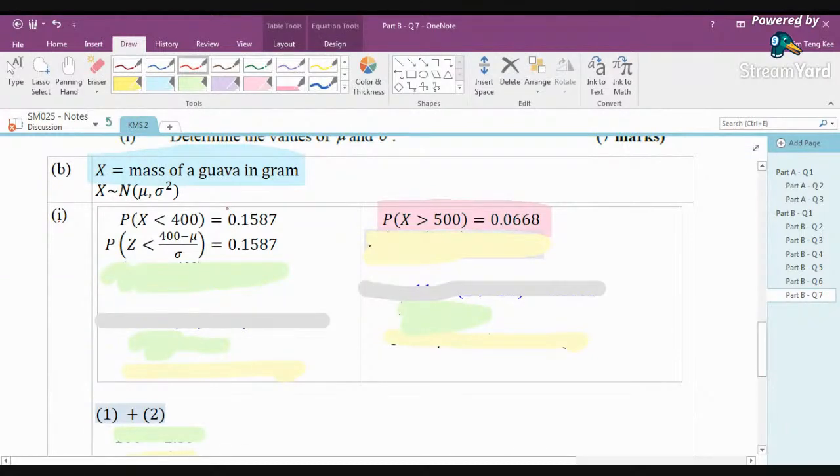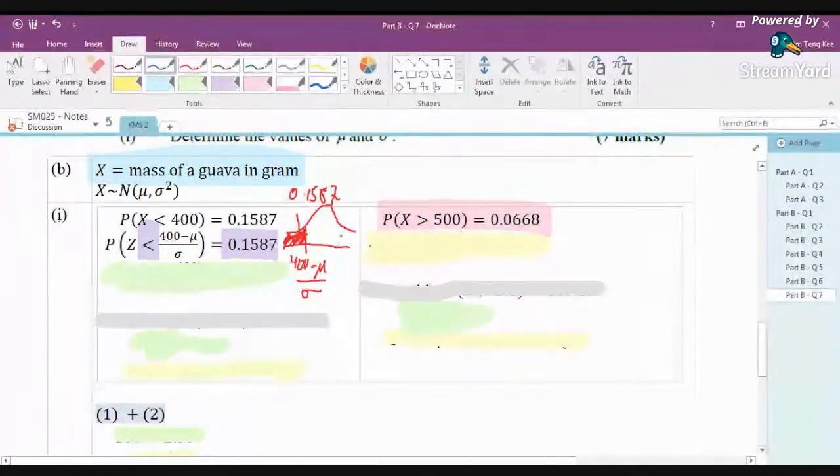Have a quick check on the regions. Let's see the regions here, 0.1587 is located at where? So we see less than sign, region on the left. The value is less than 0.5. That means it will happen to be somewhere on the left here. So this will be my (400 minus mu) over sigma, where this region is 0.1587, the size.